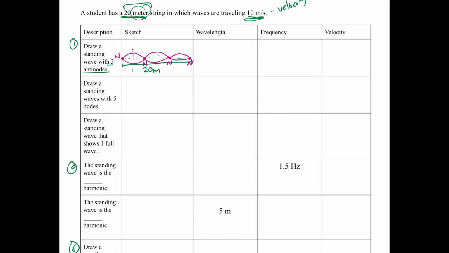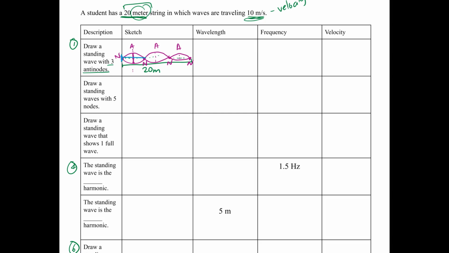The points that are furthest away from the midline are our antinodes.